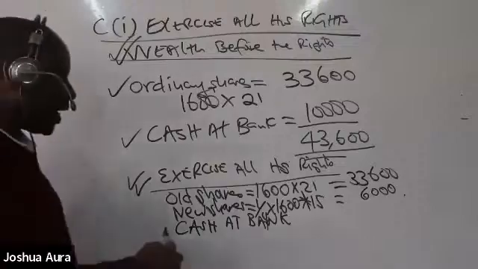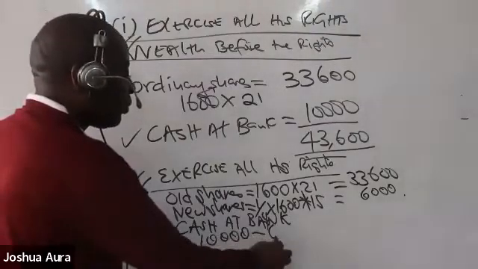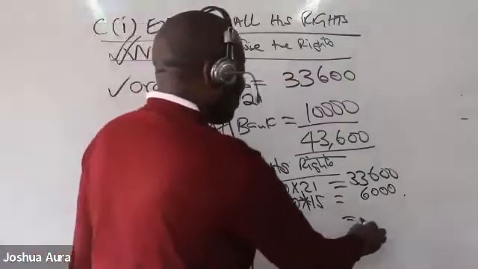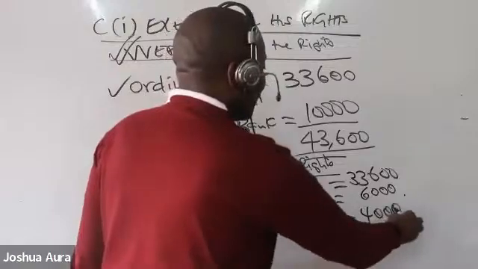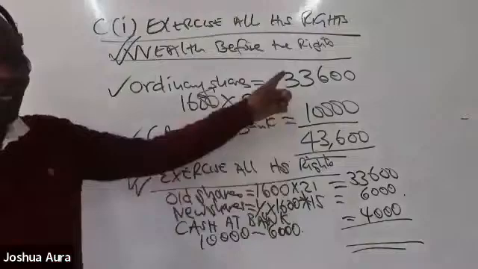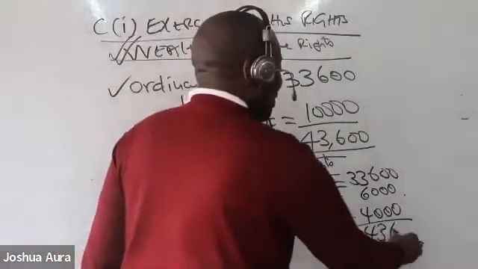Because this guy alikuwa na 10,000 na ametumia 6,000. So atabaki na 4,000. Sasa hebu ongeza zote: 43,600.